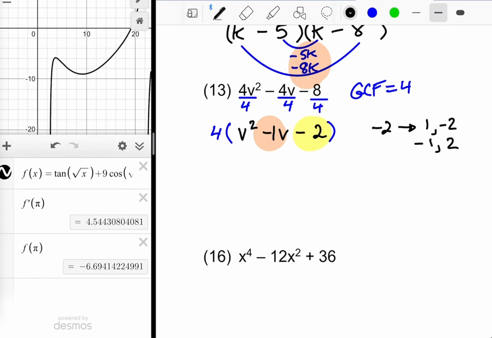It would be the first pair. So my factors here, well, v and v is going to give you the v squared. So v and v are two factors, a positive 1 and a negative 2. Positive 1, negative 2.